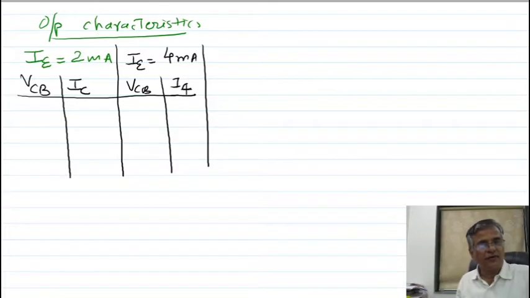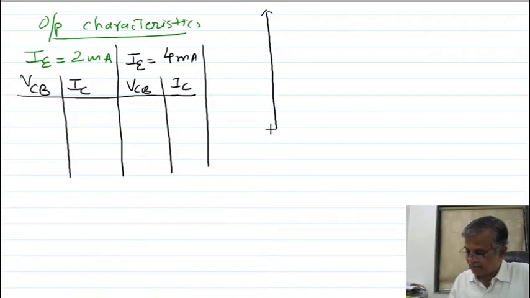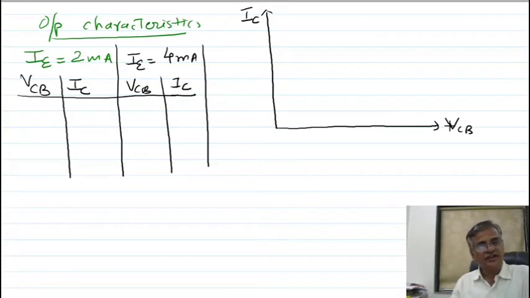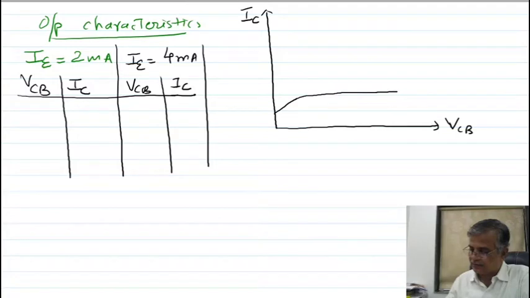The graph of collector current versus collector base voltage for a different value of ammeter current is shown in the figure.